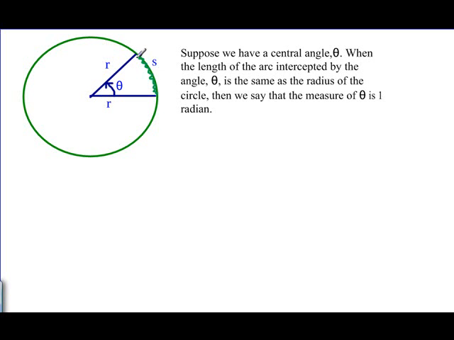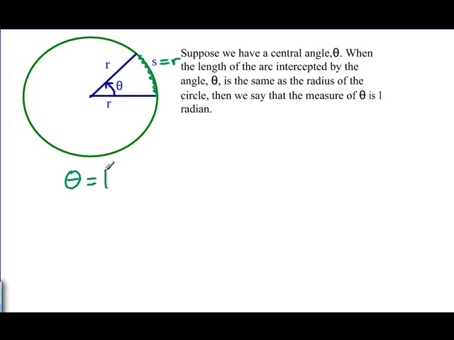When that arc length that's cut by the angle, so here's our initial side and our terminal side, if we could cut out this amount and measure it, has the same value as the radius of the circle, then we say that theta is 1 radian. So if s is equal to r, then we say that theta is 1 radian.